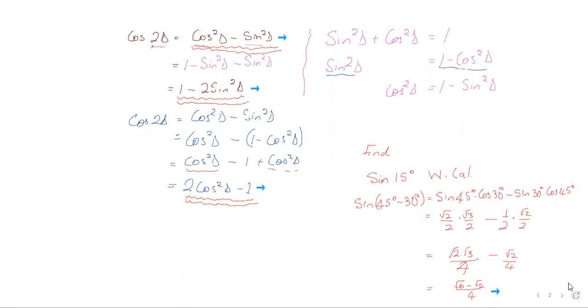So let's have a look at another one. If you have to calculate for the cos of 75 degrees, that is the cos of 45 plus 30.